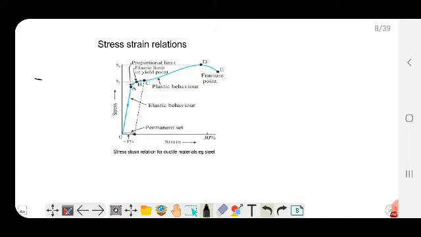If we are taking, for example, steel, and we are applying some tensile force on it, it undergoes change in length. The length will increase up to a particular limit. This strain is proportional to stress, which is the proportional limit.